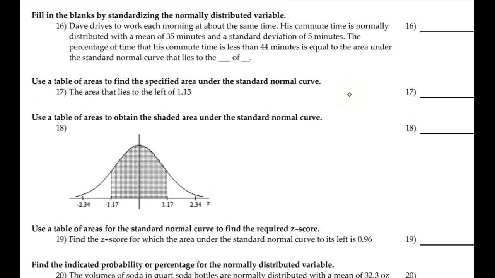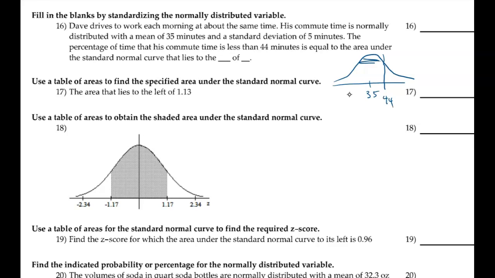All right, for number 16, again, draw. I saw the words normal distribution, I'm going to draw it. So it's 35 is the mean. And we want to know the percentage of time that his commute time is less than 44. Well, if that's the mean, then 44 is going to be over here somewhere.